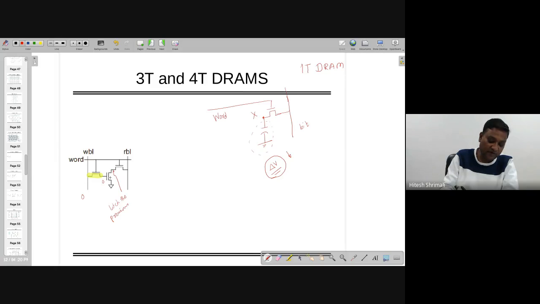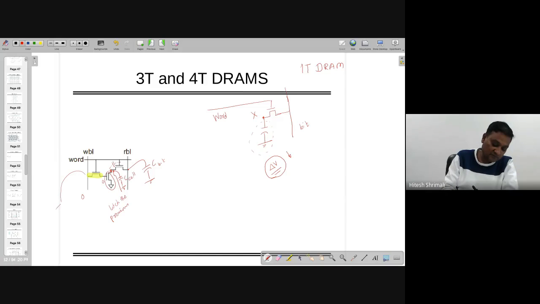Notably, I am not drawing it, but here at this node, there is a parasitic capacitor associated with this transistor and the overlap capacitors of this transistor and all the total capacitors which are reflected over here. That has to be seen. And for this RBL line, there is another capacitor. By the way, we are calling this one the C bit capacitor and this one the C cell capacitor.